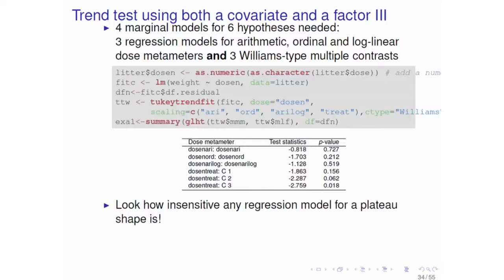And what you see? All my regression models fail completely to show any alternative. Not surprising if you look at the shape, but one of the two-sided here should be one-sided. One of the contrasts, namely this pooling contrast for a plateau, shows you an effect. So now we have a not clearly formulated question and answered it by 6 elementary answers.